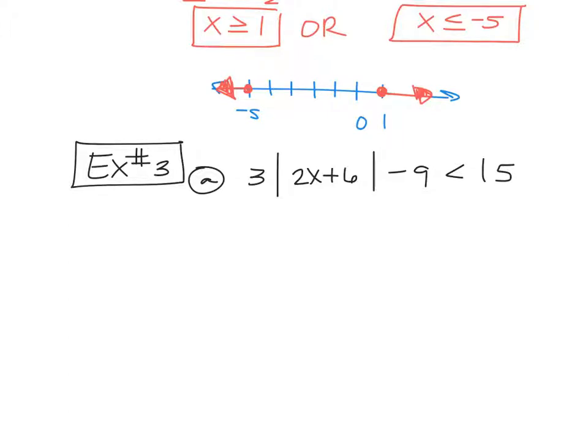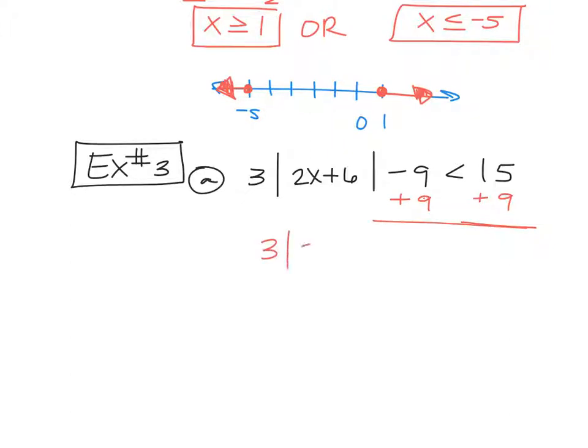First one of these. 3, absolute value 2x plus 6, and then minus 9 is less than 15. What do you suppose you need to do first here? You got to get the absolute value by itself. How do you do that? You gotta add 9 and divide by 3. Yes. So we're going to add 9. Okay.